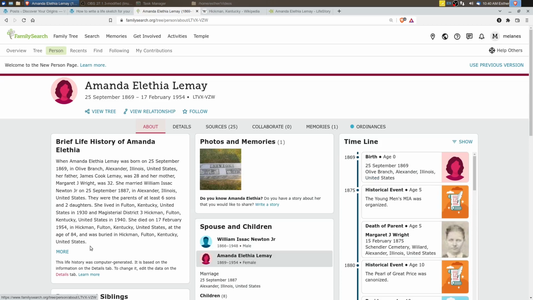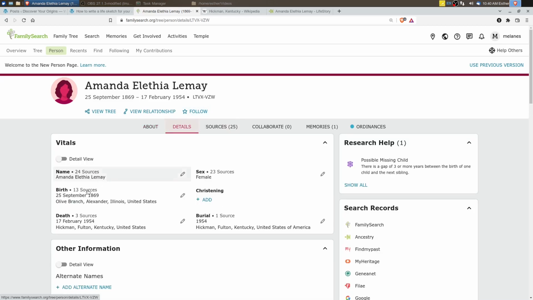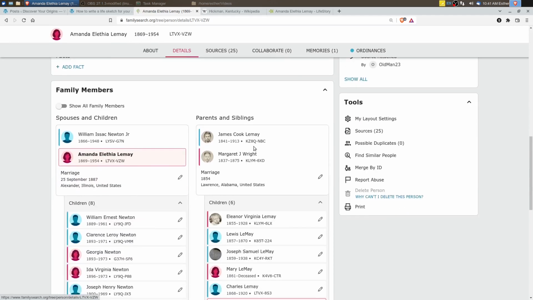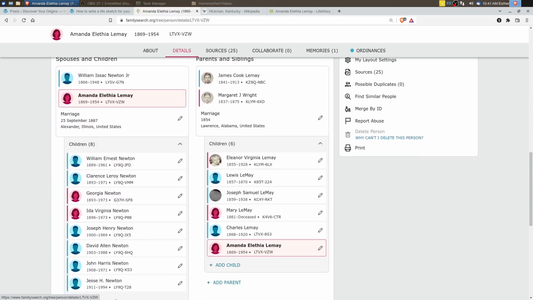They're very fact-based, and they're generated based on the information on the FamilySearch page that's on the details. So if you look, it's going to pull information from the birth and the location, the death and the location, and then it will also look at the events, the parents' names and dates, and also the number of children born, both in the parents and in Amanda's marriage to her husband.